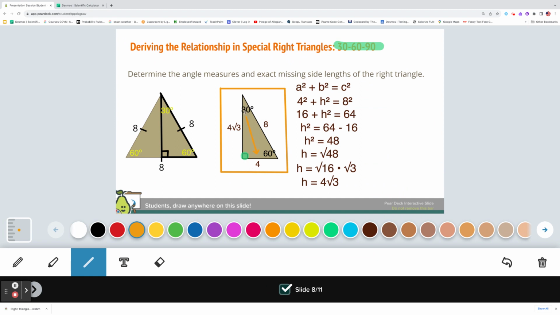So the short side will be opposite the 30-degree angle. If I know that short side, the hypotenuse is double that, so 4 times 2 is 8. And the longer leg is whatever the shorter leg is times the square root of 3. So we're going to keep that in mind, and we've just derived that relationship.